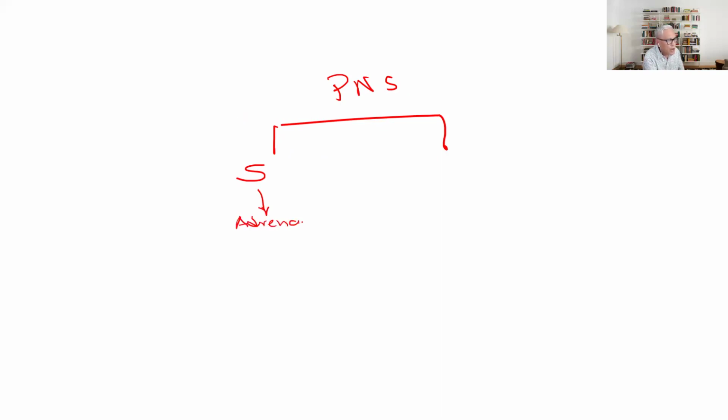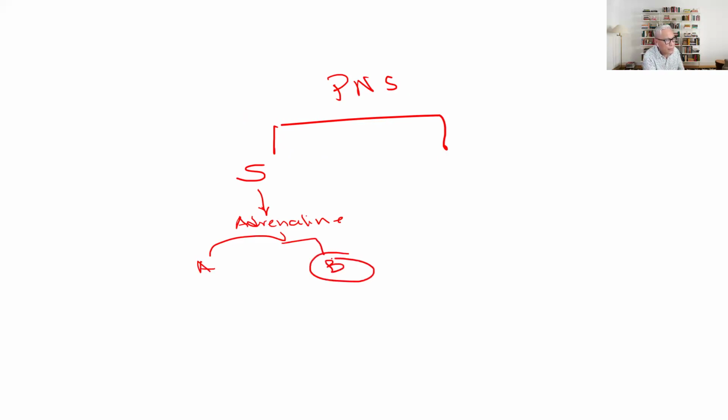So when we have our autonomic nervous system, we have two branches. We have our sympathetic nervous system, and this is the one that releases the hormone adrenaline. So we just talked about those receptors before. We have alpha receptors and beta receptors.